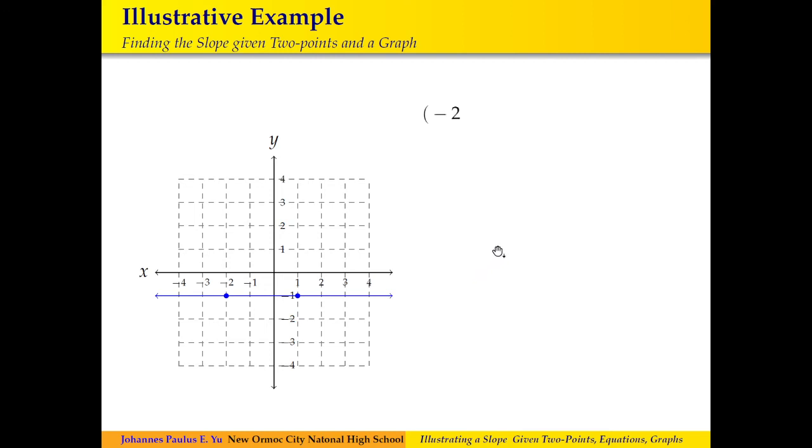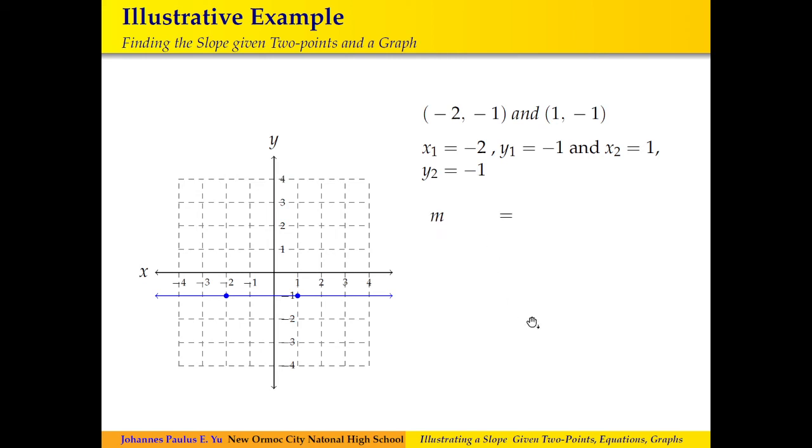So, comparing, we have the first point, x value is negative 2, and then y value is negative 1, and the second coordinate is x value is 1, and the y value is negative 1. So, x sub 1 is negative 2, y sub 1 is negative 1, x sub 2 is 1, y sub 2 is negative 1.